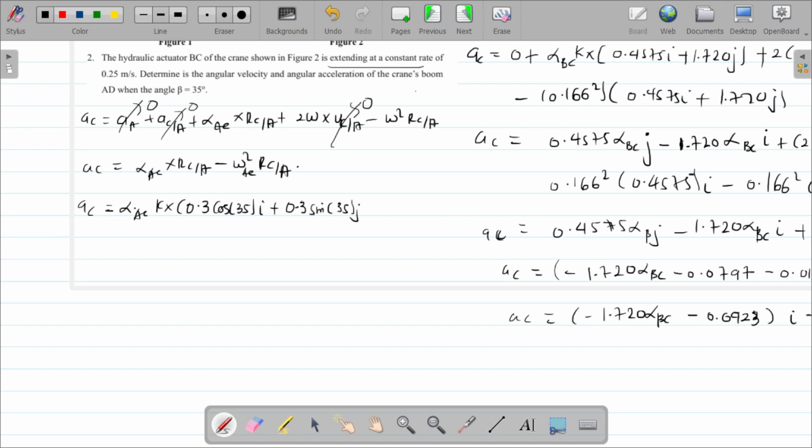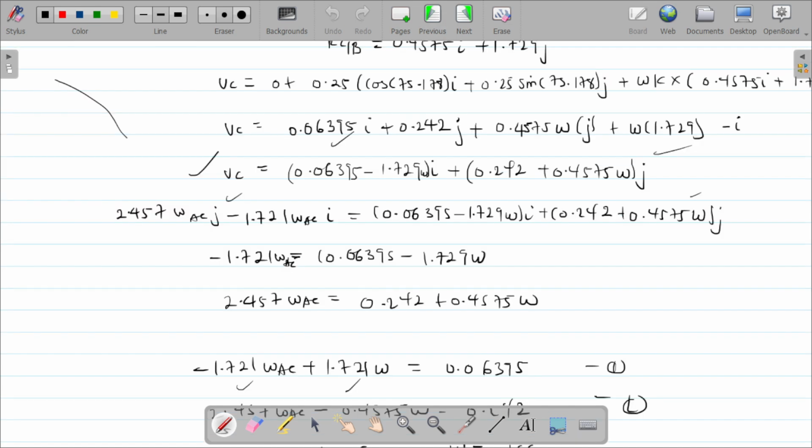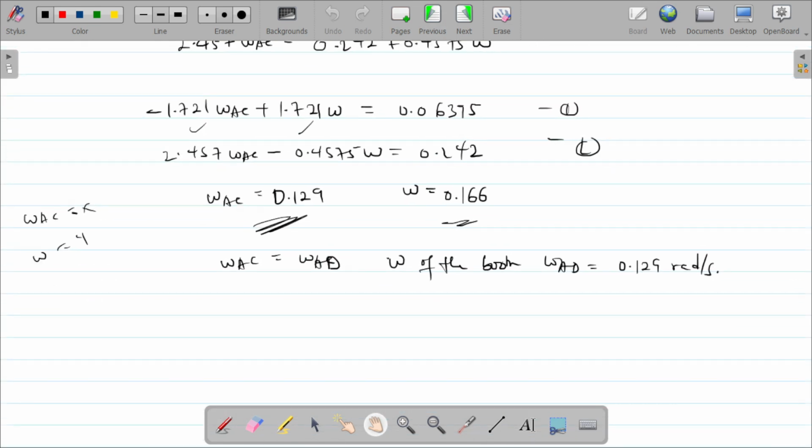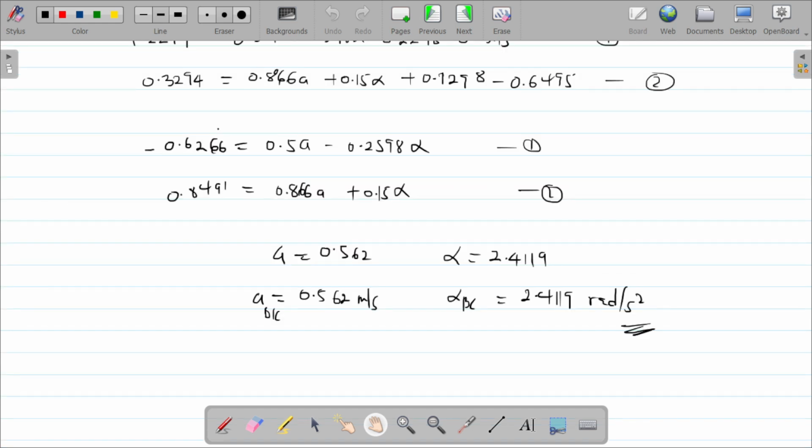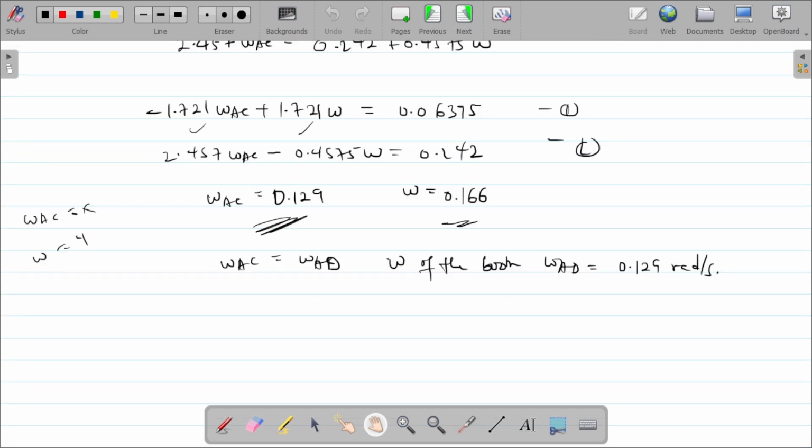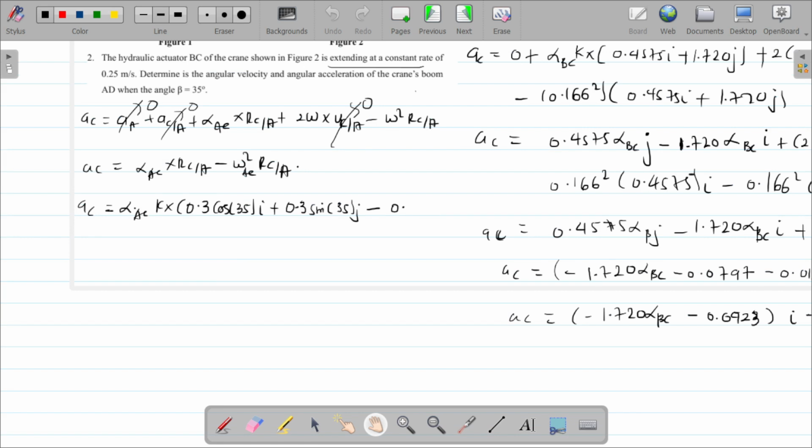and then minus, so the previous we had omega AC to be 0.129. So we have omega AC, 0.129 squared.